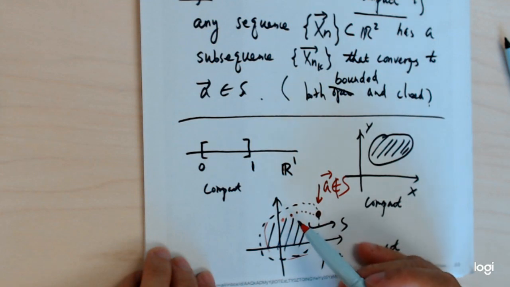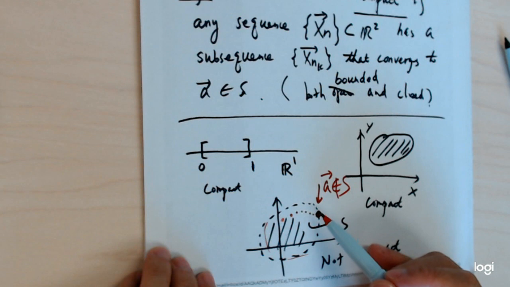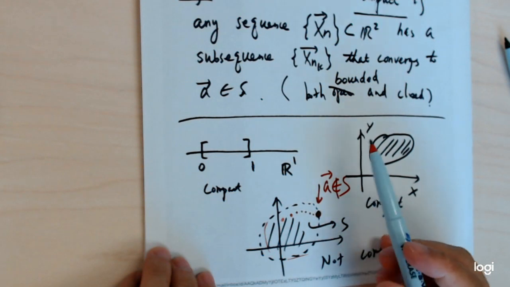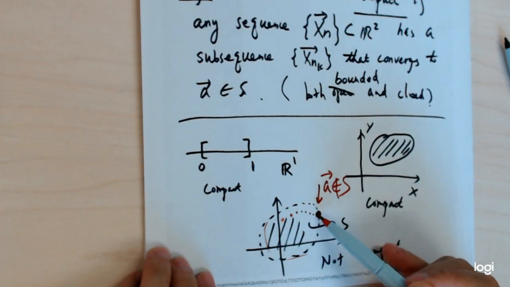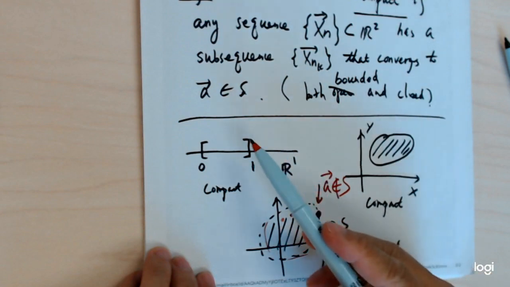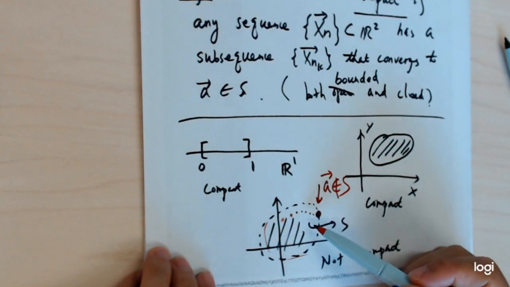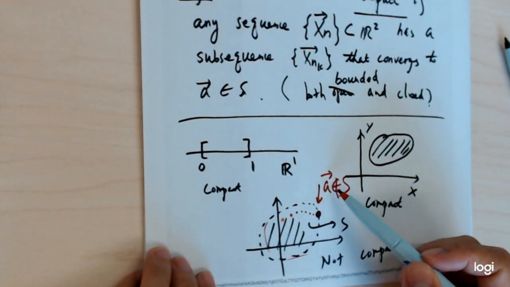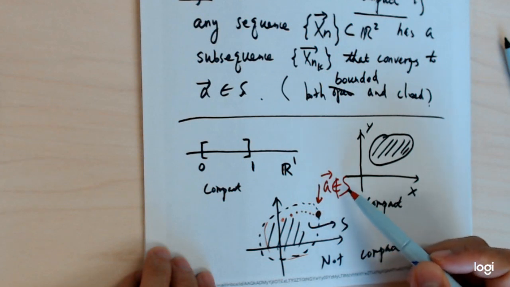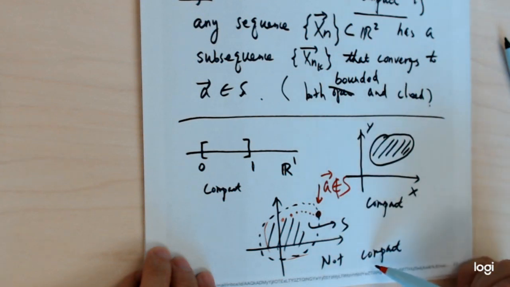You know what I'm saying? So here's a sequence in S, there is a subsequence that converges, but it does not converge to a point inside S. Instead, it converges to a point on the boundary here, but that's not part of S. That's why this set is not compact.